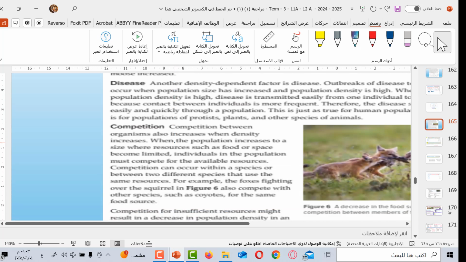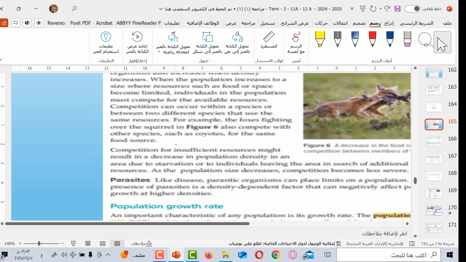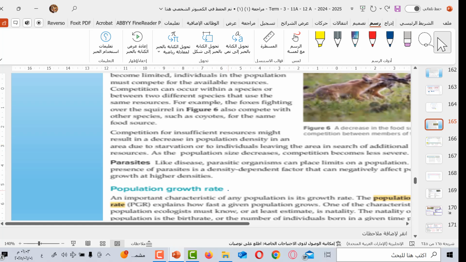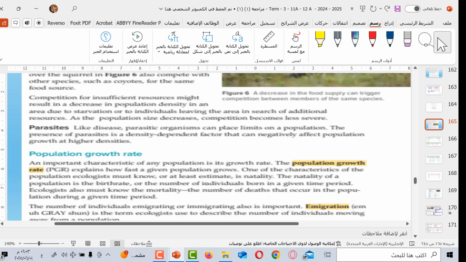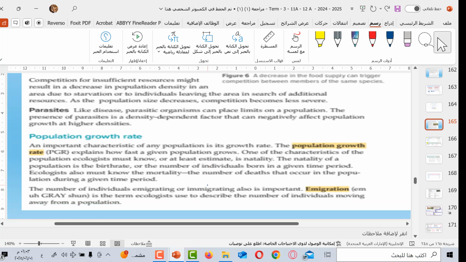As I say before, the population growth rate, we studied this before, okay: population growth, immigration and emigration. And the population growth rate means what? The speed or the growth of the population in a specific time. So an important characteristic of a population is its growth rate.